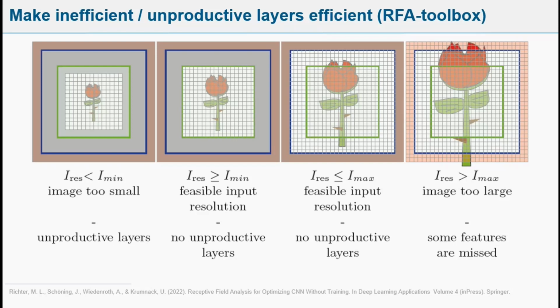If we have an image size that fits between the minimum and the maximum input image size, we do have no unproductive layer, as well as here. And if this image is too big, we will miss some important features. For example, here the bottom of the rows or the top of the rows are then no longer covered by the convolutional neural network, and we will lose this information.